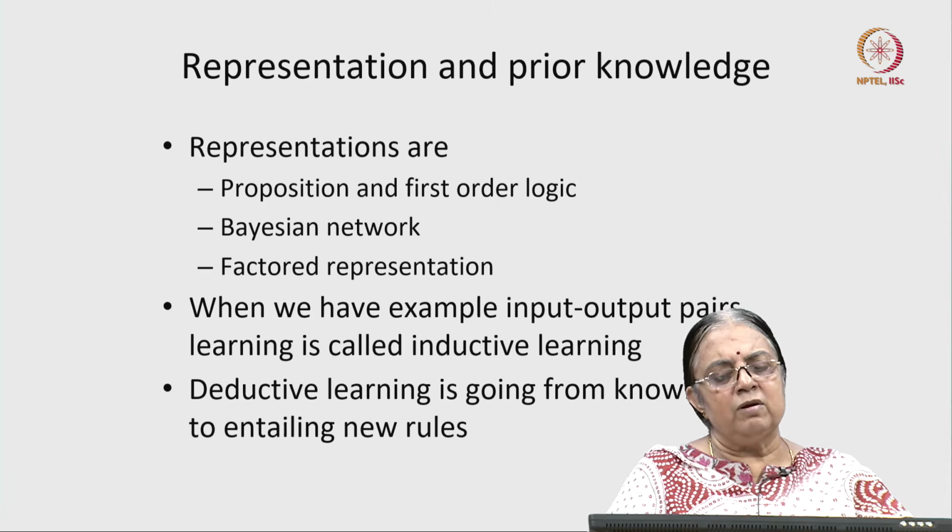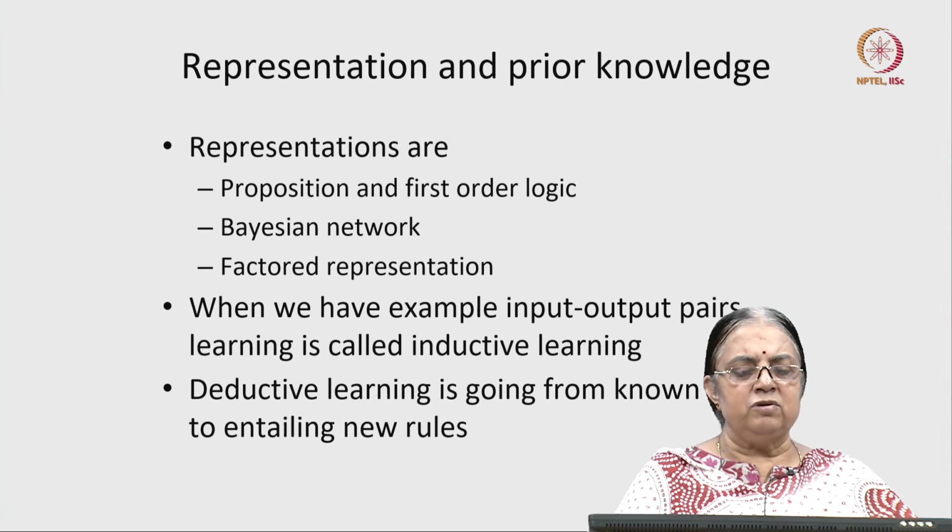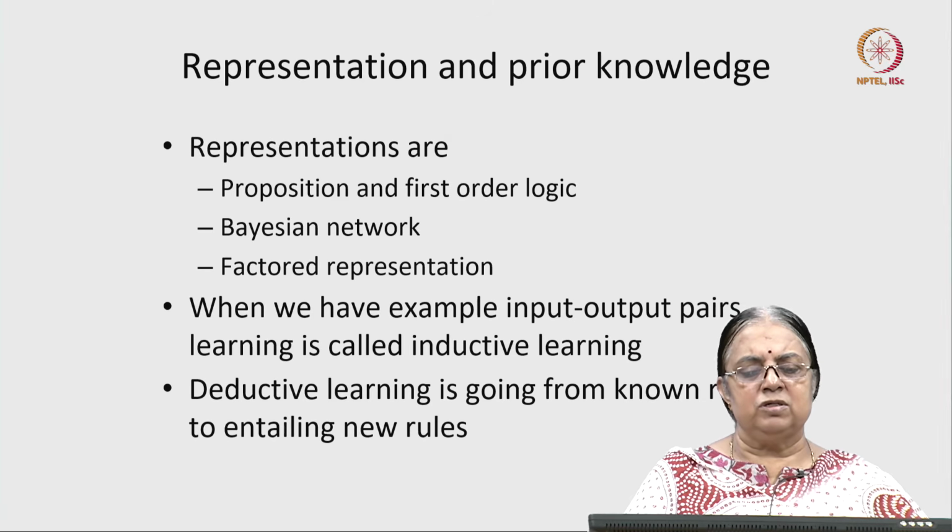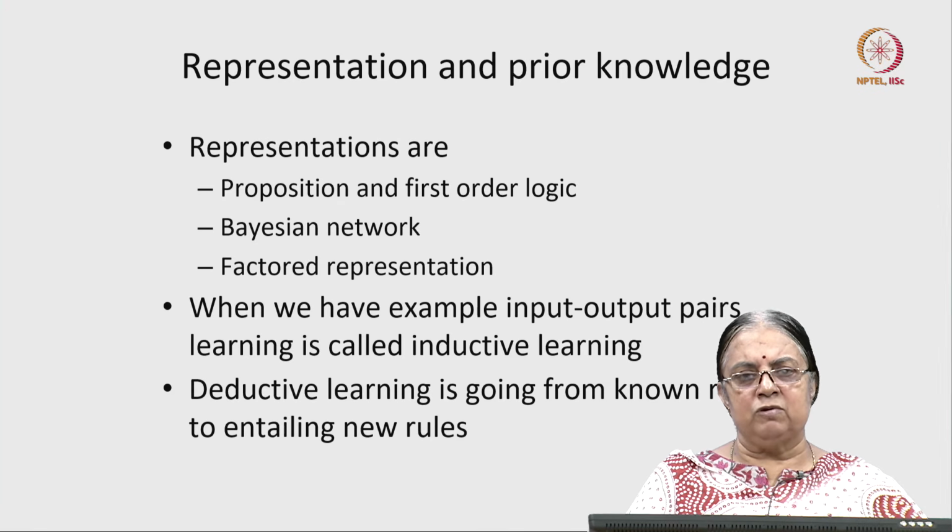First of all, how is the knowledge represented? Representation could be propositional or first order logic. We saw when we did logic how knowledge can be represented in the form of first order logic or propositional logic, where you have facts and rules.